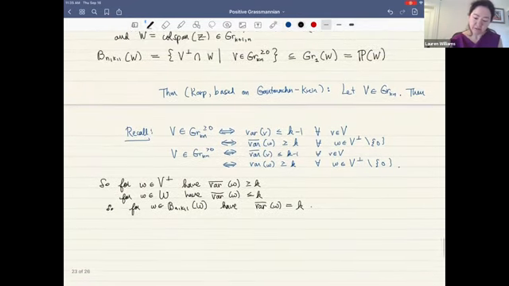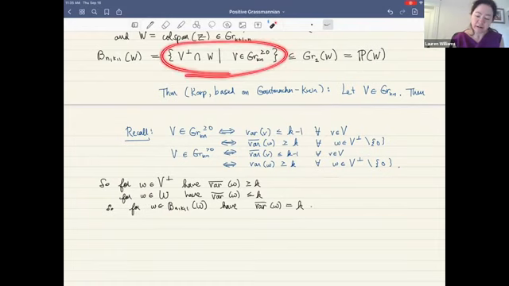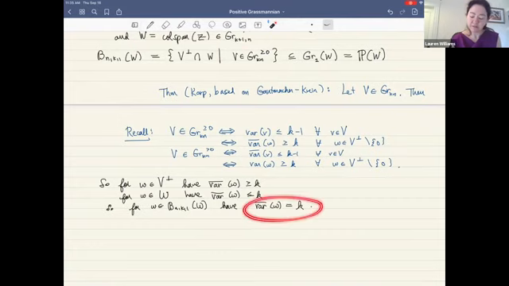Okay, so this tells us that the set of elements in the B amplituhedron are all vectors with var bar equal to k.